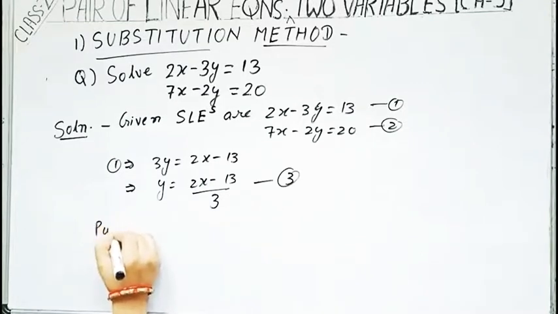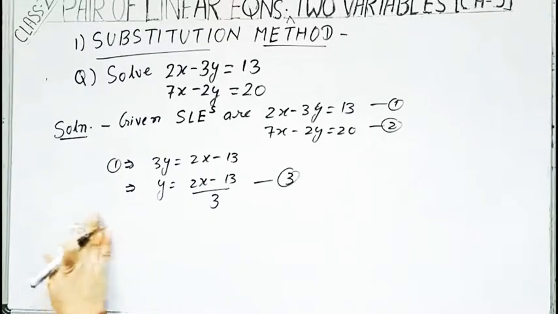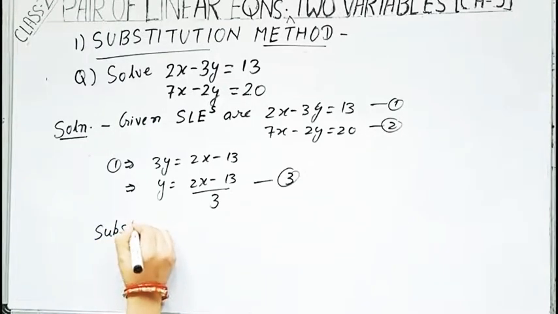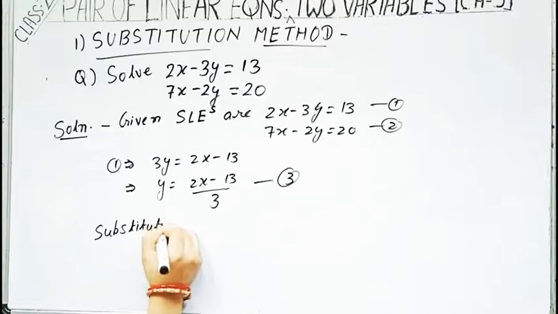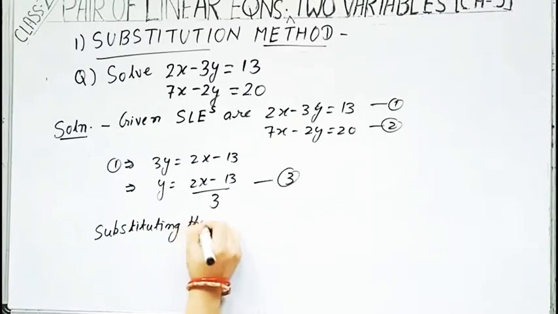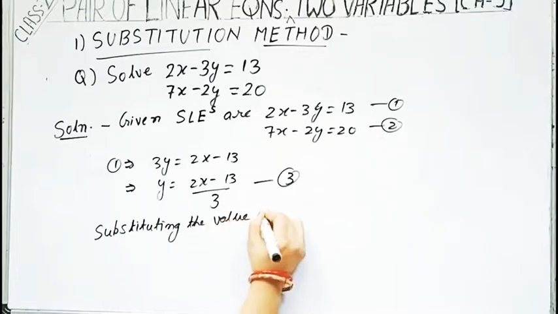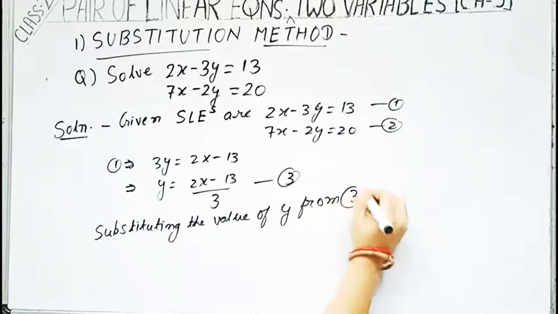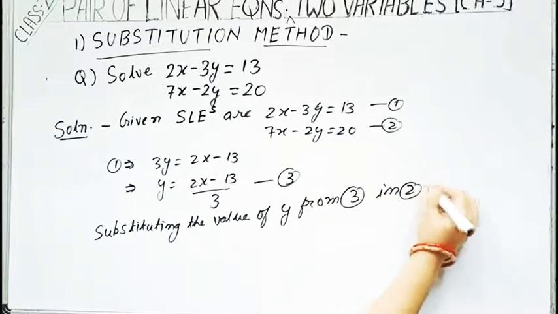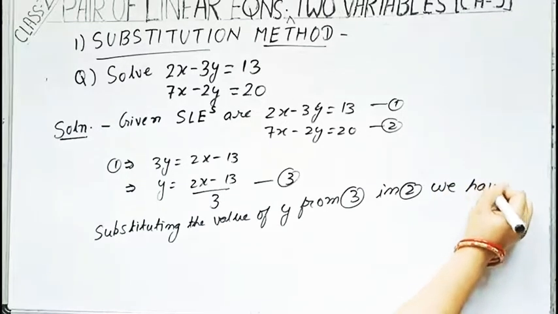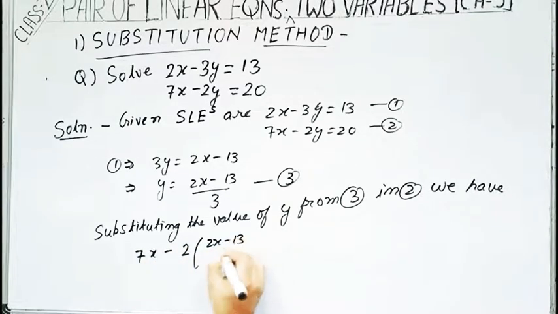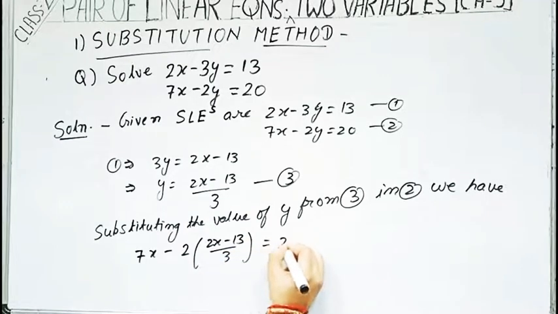Now putting or substituting, because it is the substitution method, better write substituting the value of y from 3 in 2, we have 7x minus 2 times (2x minus 13) by 3 equals 20.